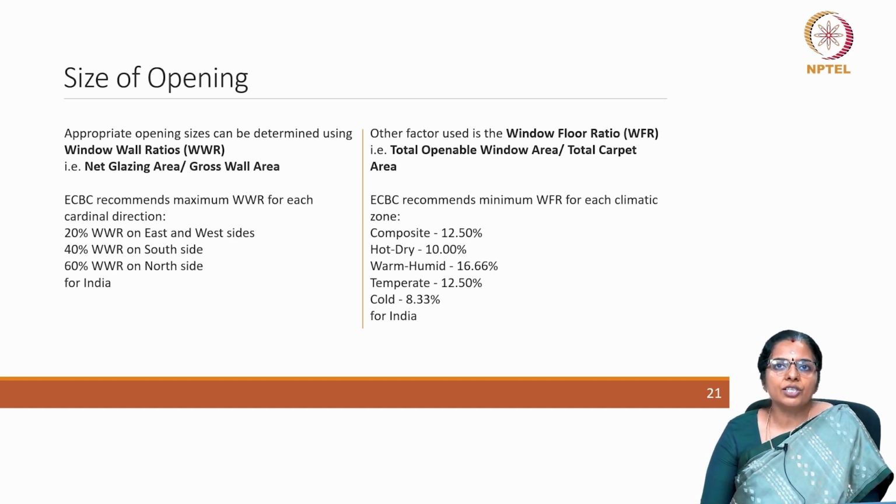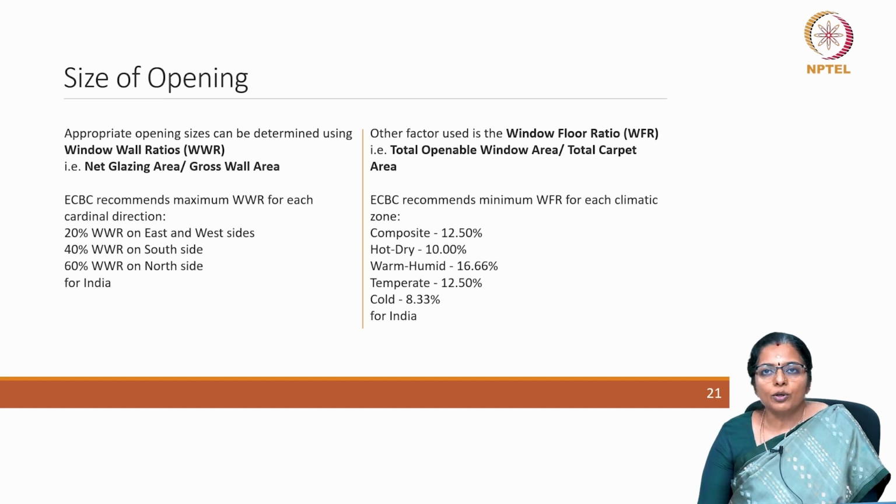ECBC, Energy Conservation Building Code, recommends maximum WWR for each cardinal direction. The WWR should be 20% on east and west sides, 40% on south side and 60% on north side for India.